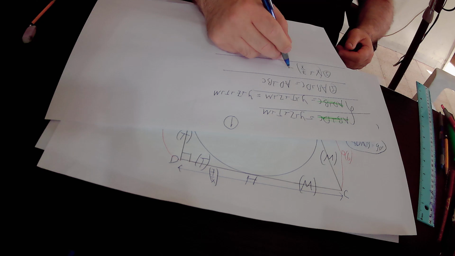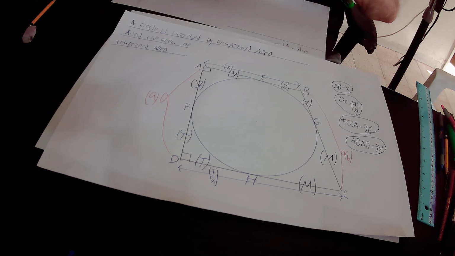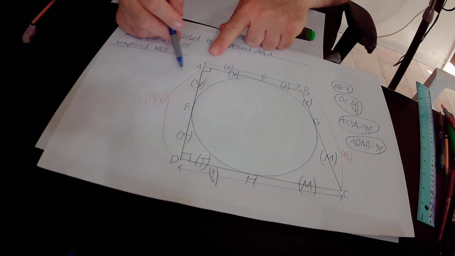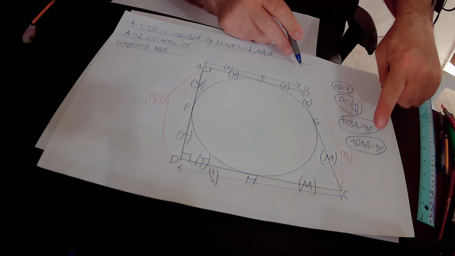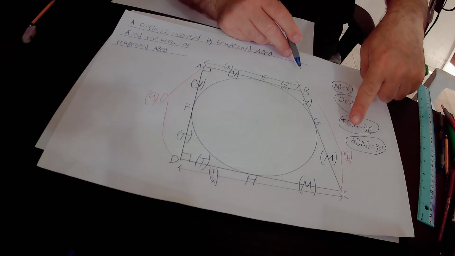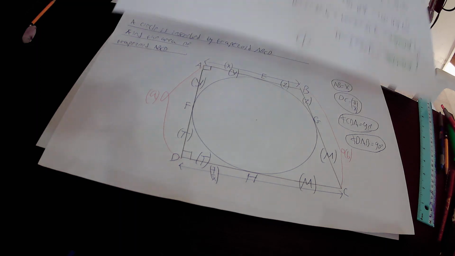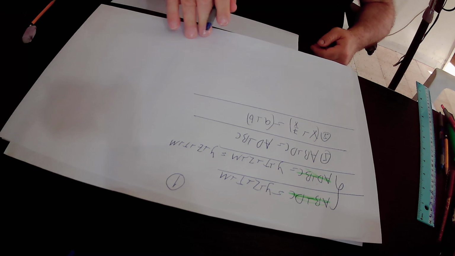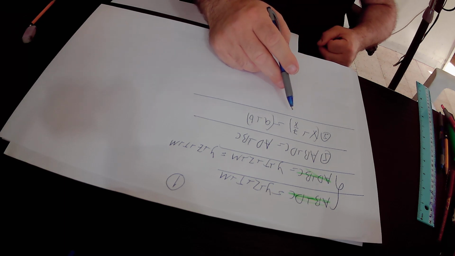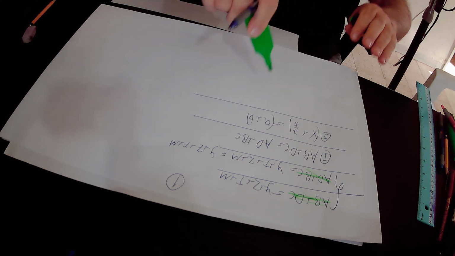And it equals AD plus BC. AD, according to our definition, equals a, plus BC. According to our definition, BC equals b. So in conclusion, we found out that x plus 7 over x equals a plus b. So this is equation 1.